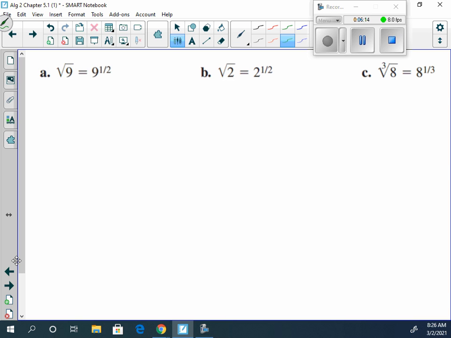So what we can do is use a calculator to figure this out. If you have a calculator in front of you, take the square root of 9. Well, we know what the square root of 9 is, don't we? So the square root of 9 is 3. Now in the calculator, figure out what 9 to the 1/2 is. It's 3, yes.